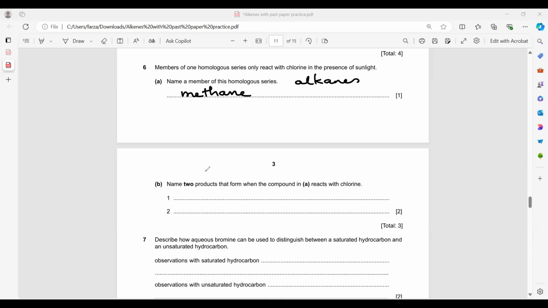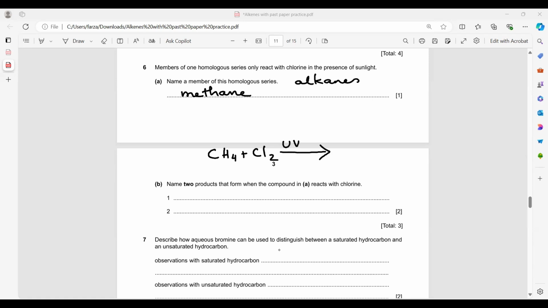Okay, so name two products that form when the compound in A reacts with chlorine. So what are they? Now tell me. So if methane is going to react with chlorine, remember it needs UV light.